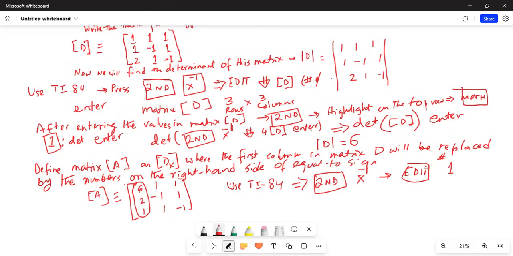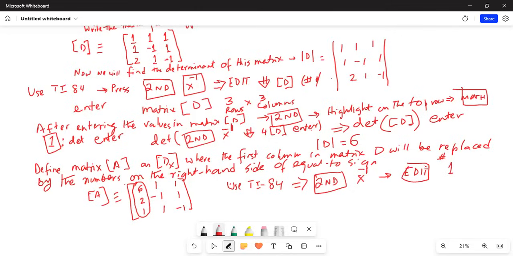Then 2, enter, minus 1, enter, 1, enter. Next row: 1, enter, 1, enter, minus 1, enter. Okay, and so that's your matrix A.